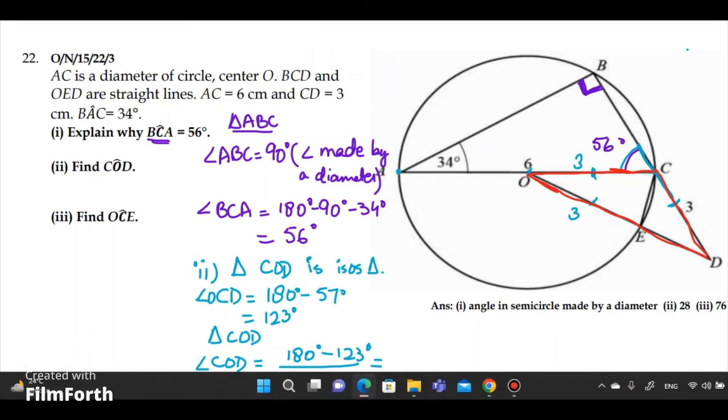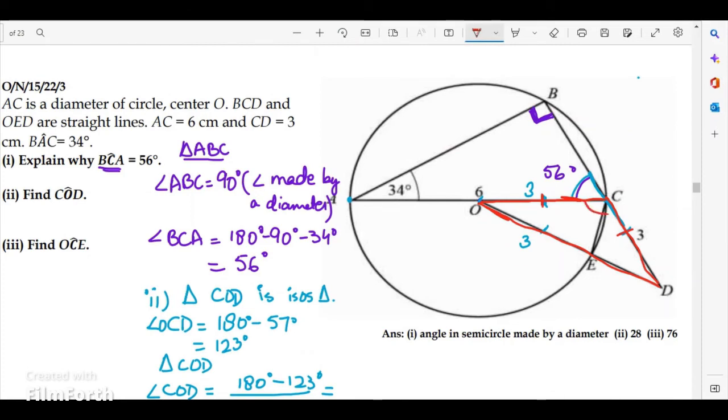This is isosceles triangle. This is 123 degrees, we just figured out. But this angle will be equals to this angle. That is why I'm dividing by 2. So 180 minus 123 is 57, and if I divide that by 2, I get 28.5 degrees. So COD is 28.5 degrees.